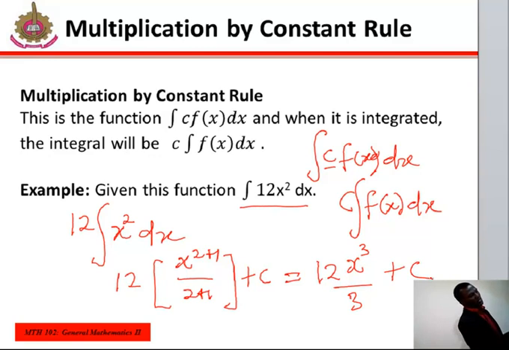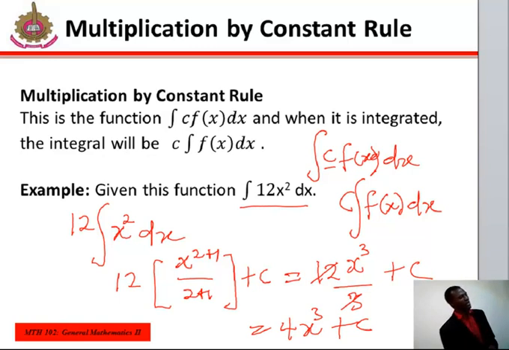But you can cut this 3 by this 12, which will give you 4. Then you have 4x cubed plus c to be the integration, the solution to the given integral.